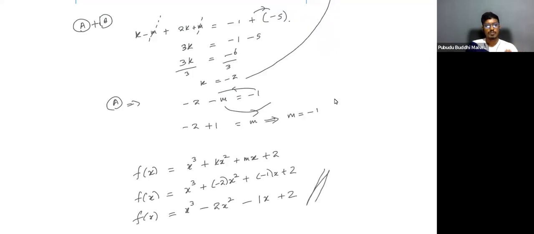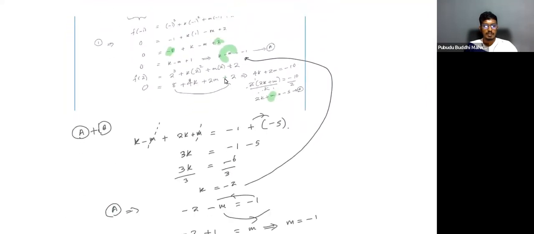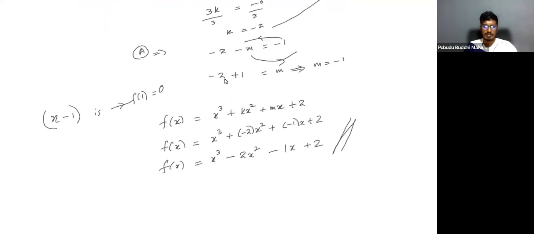So in this case also we used that whenever x minus 1 is a factor of f of x, then f of 1 equals 0. That idea, right? So we use two factors to determine two unknowns. Now we have this function, right?